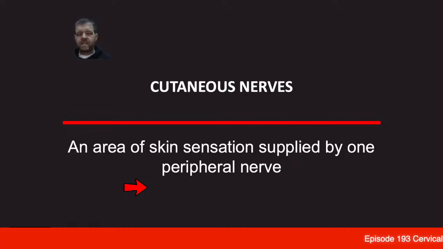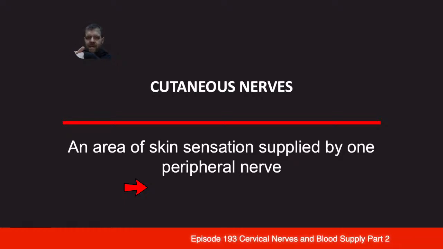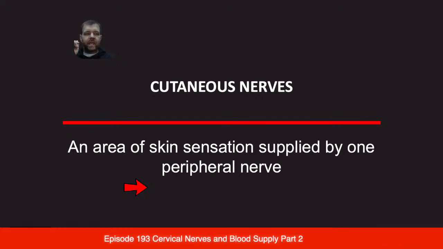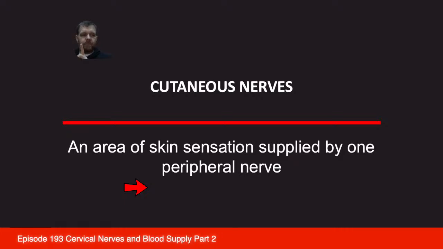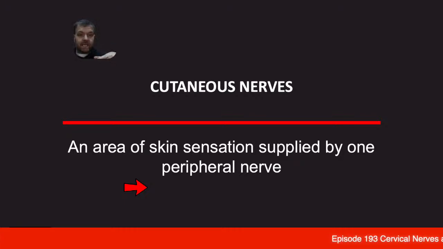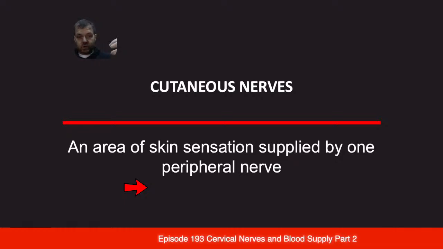So for example, the radial nerve, as that travels down the arm to the back of the hand, it will have motor supply to various muscles, but there will also be an offshoot of a cutaneous nerve that receives information from the skin or the joint.